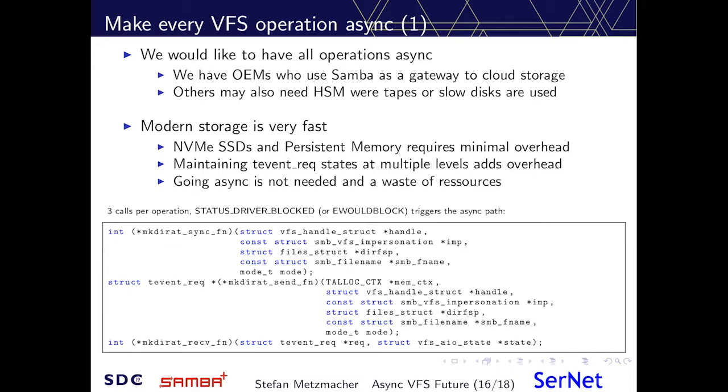First, the async version, and that can decide, can I operate directly and don't need any asynchronous overhead, but it can say driver blocked or evoke blocked, depending on the prototype of the function. And then the SMB layer would call the asynchronous function. Or there might be a mid layer which does this in a generic way.